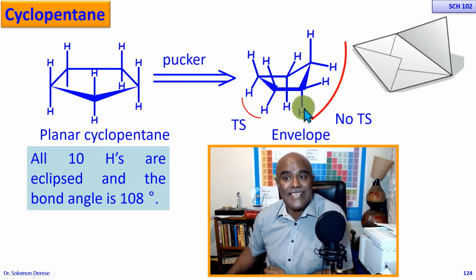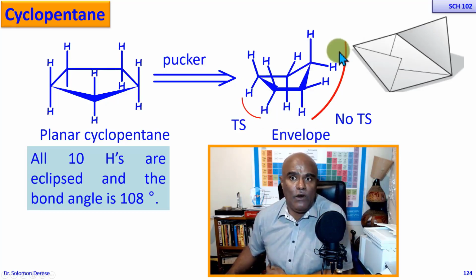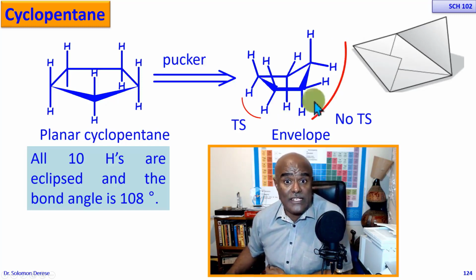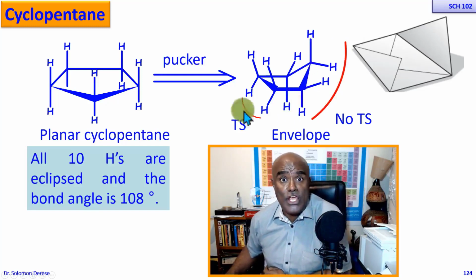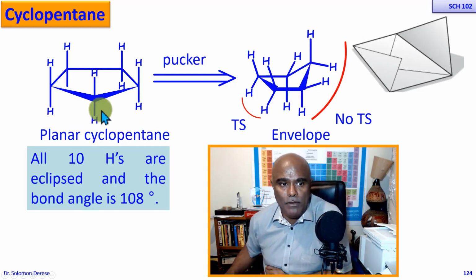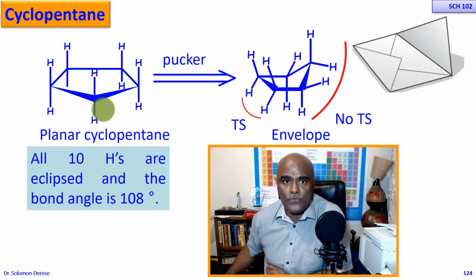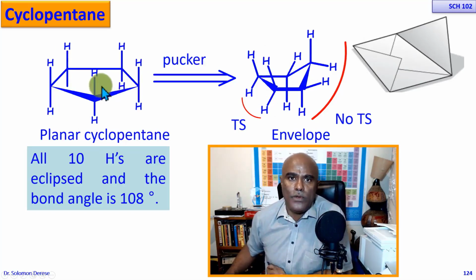There is some kind of relief of torsional strain. So as a result, the envelope conformation is more stable than the planar conformation. Of course, this is much more stable than this. So cyclopentane does not exist as a planar molecule.